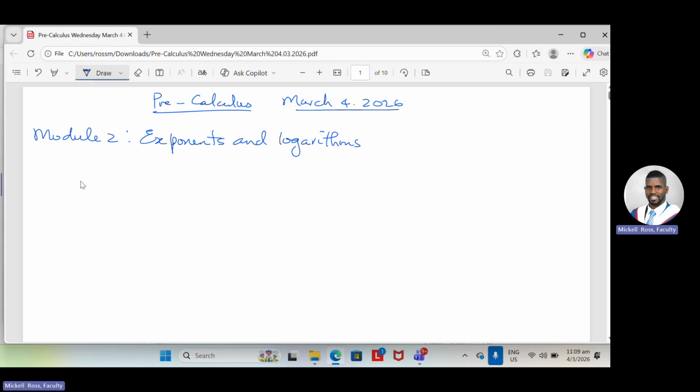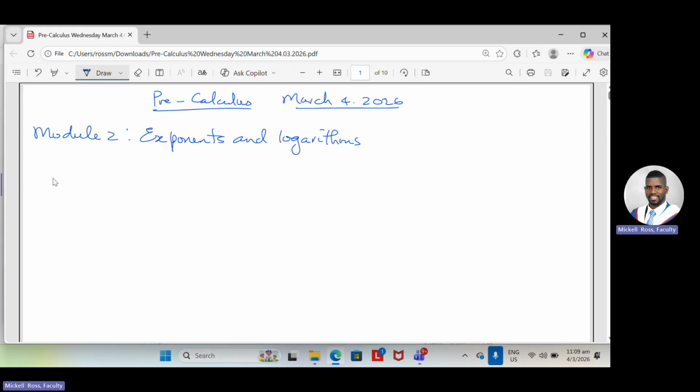All right, so firstly, we're going to look at exponents, slash power, slash index, right? Those are different names that we use to reference it.